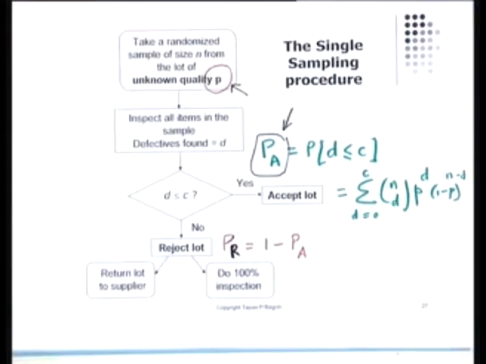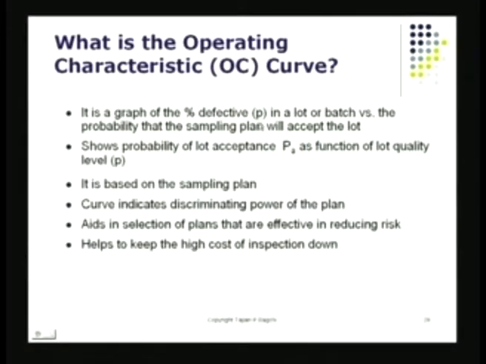What is this curve called the OC curve? It is the graph of the percent defective p in a lot or batch versus the probability that the sampling plan will accept the lot, which is PA. So in fact it's a plot between big PA and little p. That is what the OC curve is.